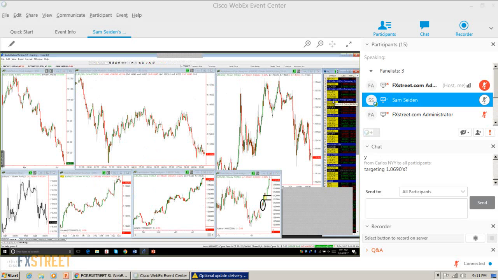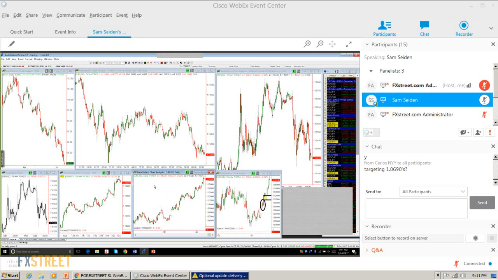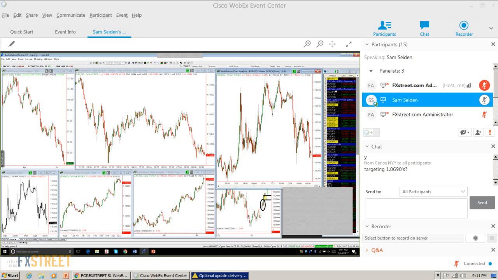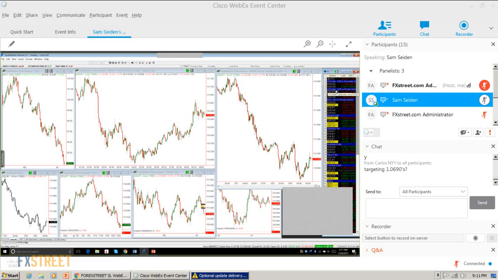The euro continues to move further and further away from our demand, obviously with the dollar falling. Where is that likely to stop? 106.90s. Yeah, let me go back to the yen real quick.